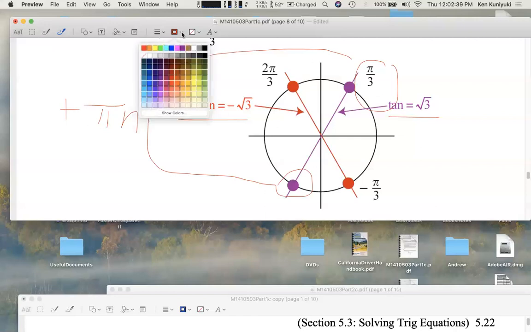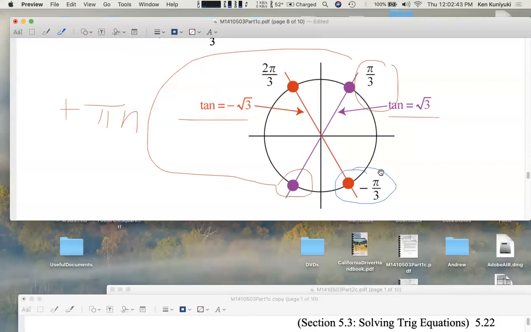Likewise, I'll do this in blue. If we take negative pi over 3, we can add pi n and get all the brothers for this point. And then if we add 2 pi n and so forth, we also get all the brothers for this point as well.